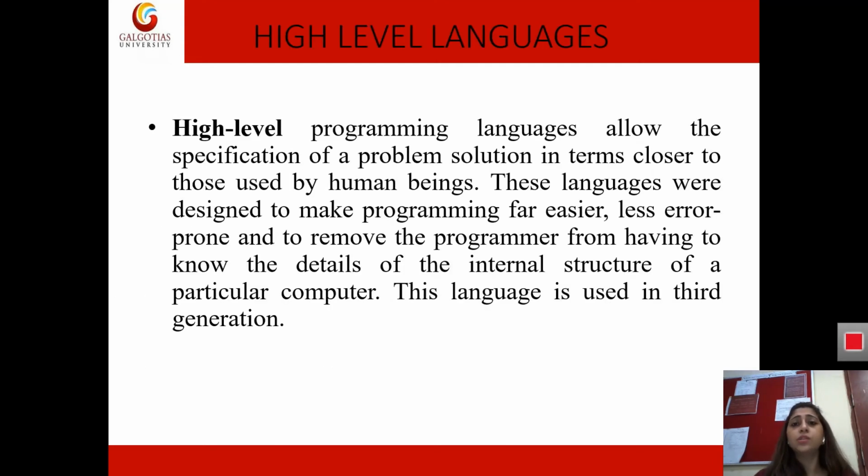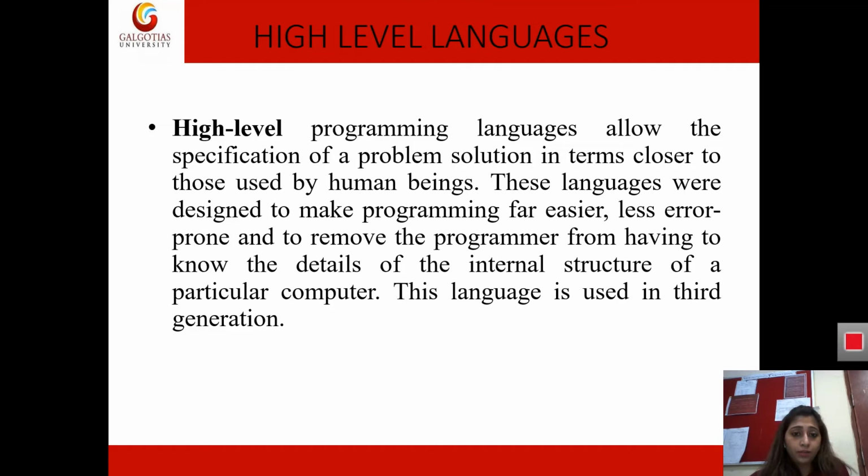Okay, moving on to high level language programming. High level programming languages allowed specification of the problem solution in terms closer to those that humans can understand, and these languages were designed to make programming far easier and less error prone because they are human understandable. It is very fast and easy to find any error if one has occurred.